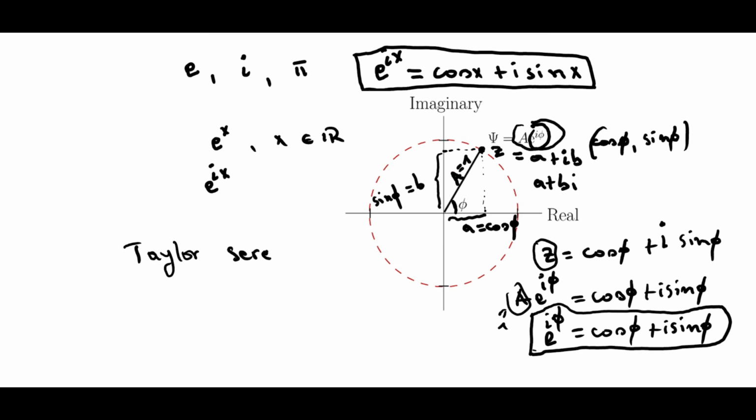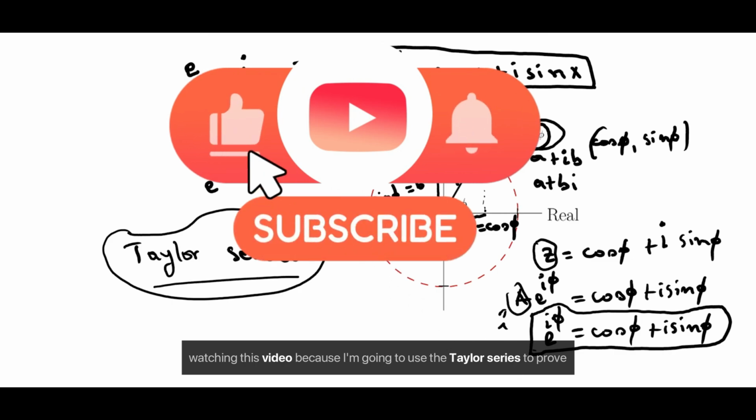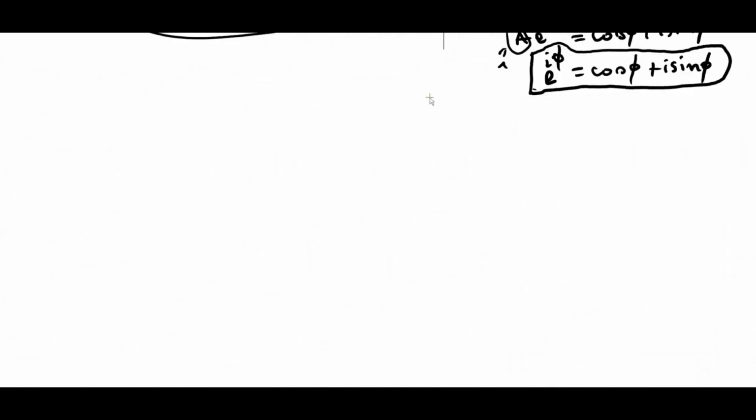We can prove this Euler formula using the Taylor series. And if you are interested, keep watching this video, because I'm going to use the Taylor series to prove this relation.